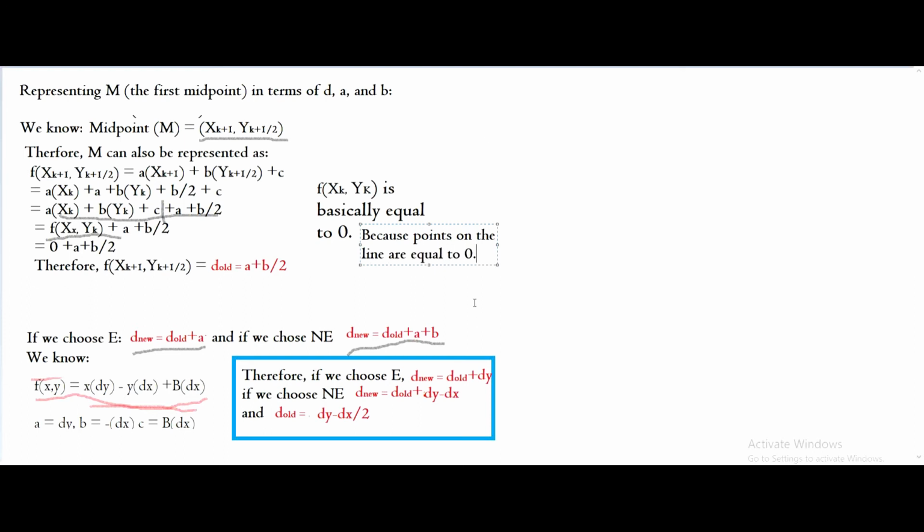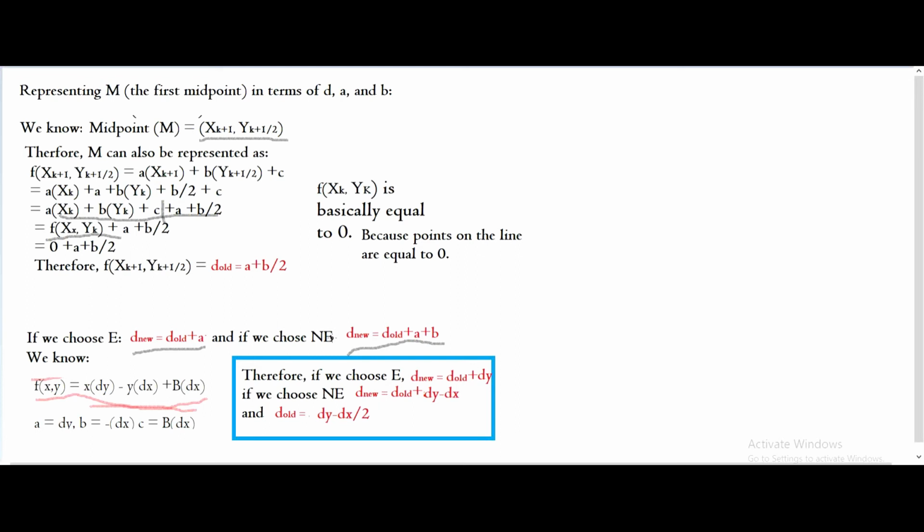We've already established that any point on the line will result in a value of 0 for this. So we can replace that with 0, and finally we get a plus b by 2. So d old is basically a plus b by 2. And then we get three equations, one for d old, and 1 and 2 for d new, depending on whether we chose E or NE.